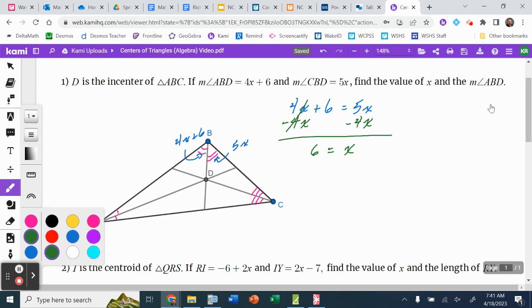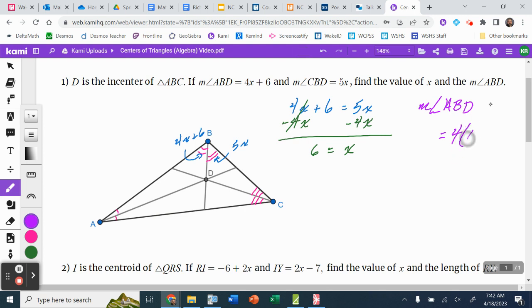The next step, they want us to find the measure of angle ABD, which is the one we were told had a measure of 4x plus 6. So what we're going to do now is just substitute in. So we're told that the measure of angle ABD is equal to 4x plus 6, but since I know that x, based on our previous work, is equal to 6, I'm going to substitute in.